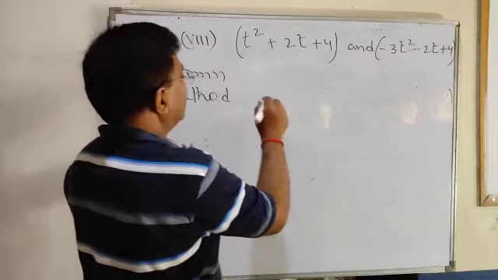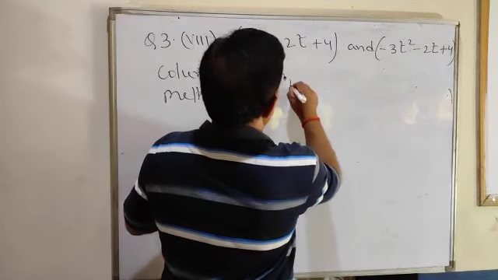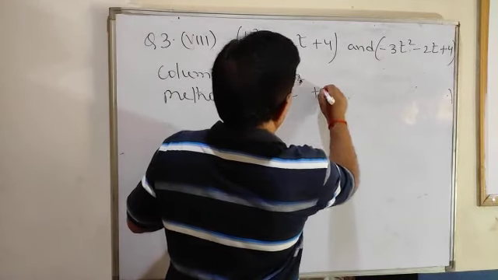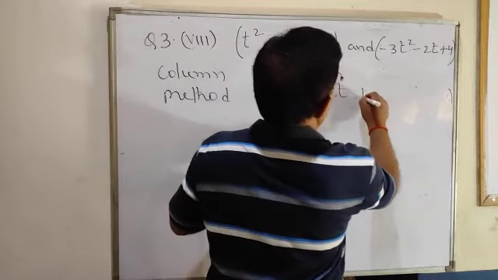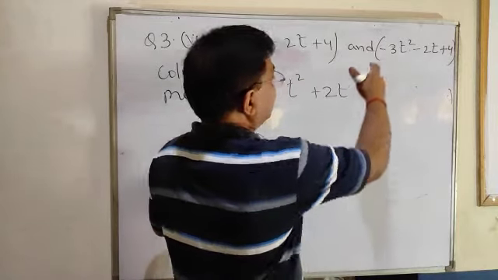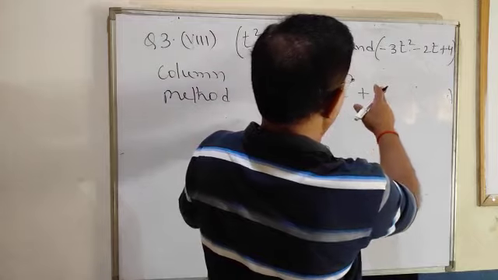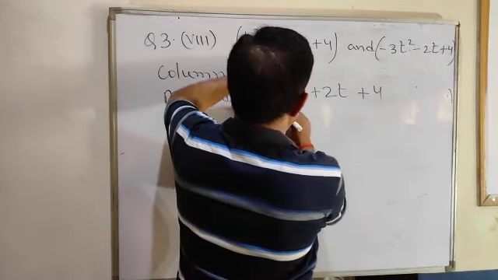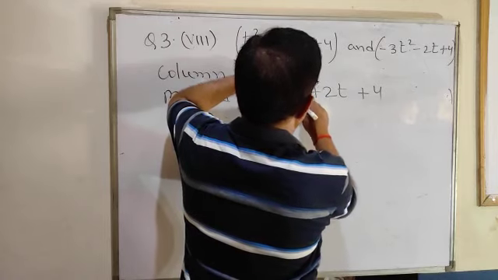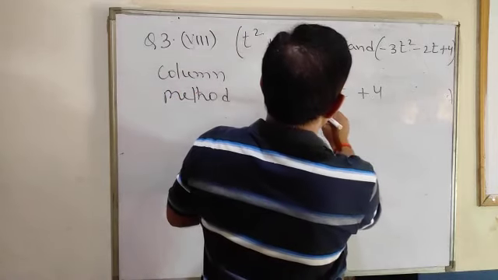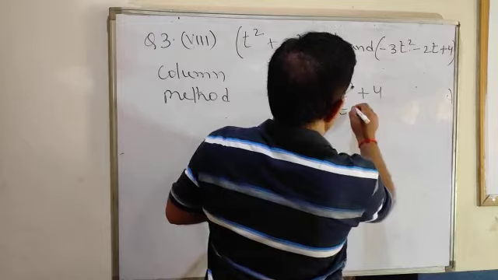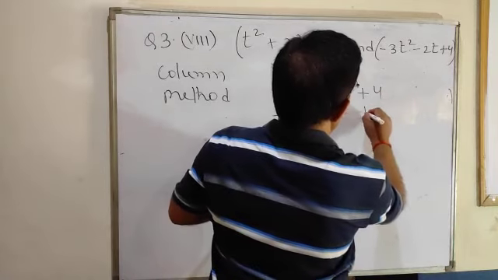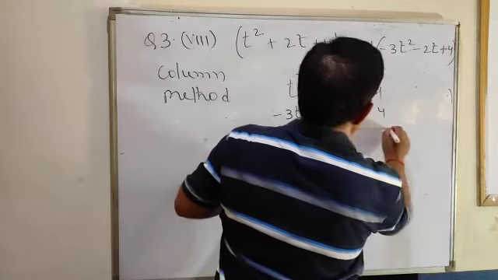I have written t square plus 2t plus 4, and just right below this, minus 3t square minus 2t and plus 4, and we will add it.